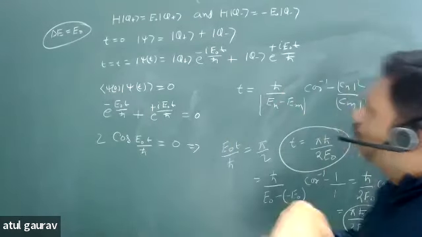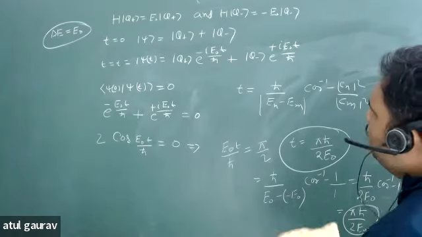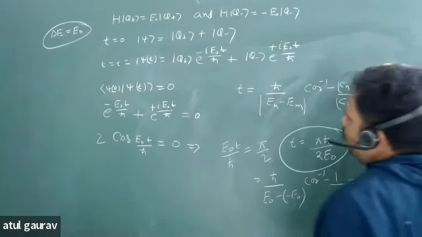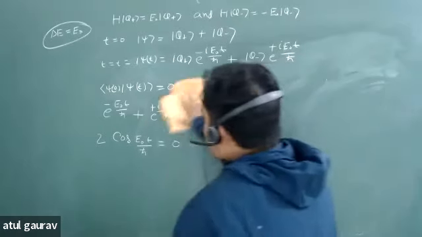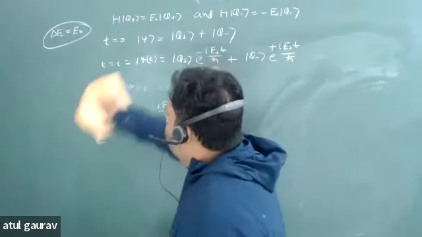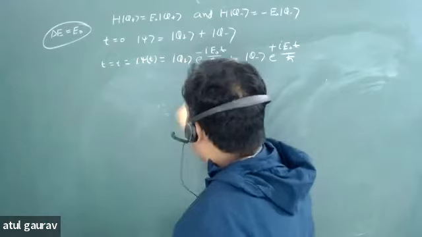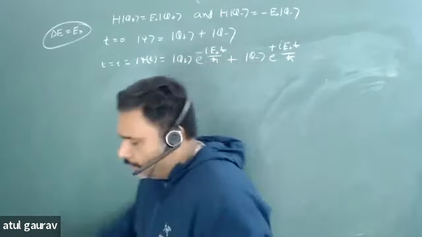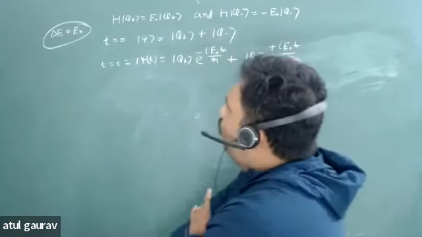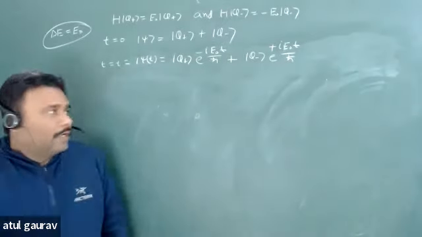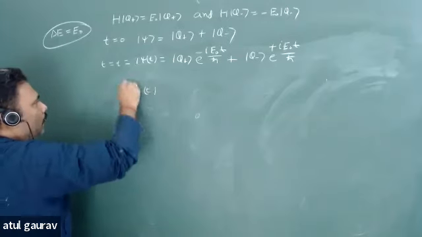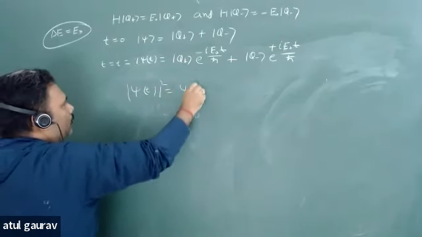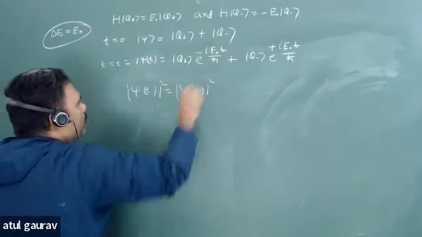Now let's go for the next question. What is the next question? So the next question is, after what time t is mod psi t square equal to mod psi 0 square?